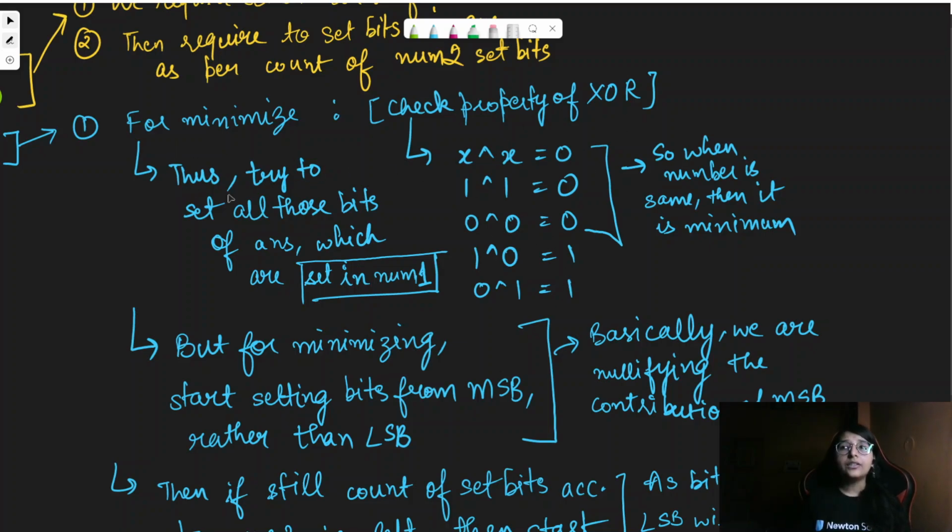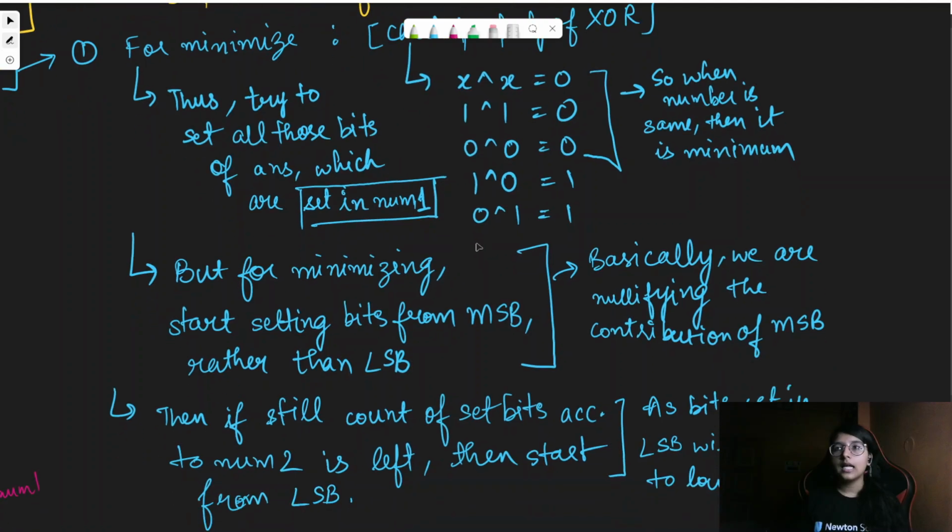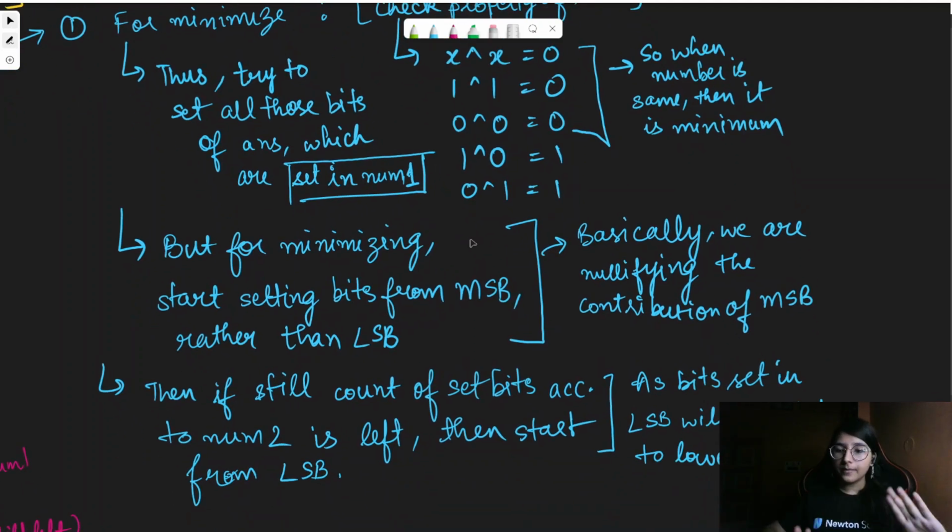Now, thus try to set all those bits of the answer which are set in nums1. So this is the first thing which we are required to do. Basically, the first thing was that we are required to go ahead with setting bits in the answer, meaning the total bits set in the answer should be equal to the total bits which are set in nums2.